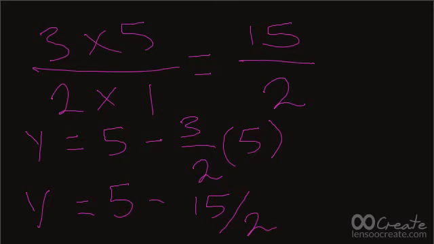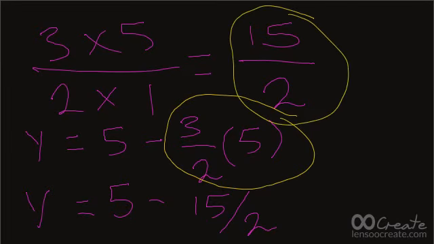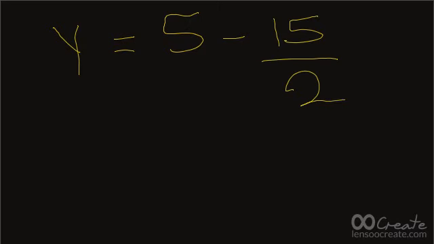And all we did was we substituted, or we replaced this part of the problem with this fraction. So y equals 5 minus 15 over 2.